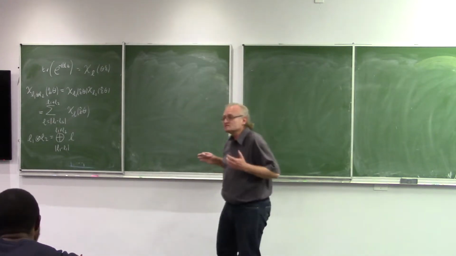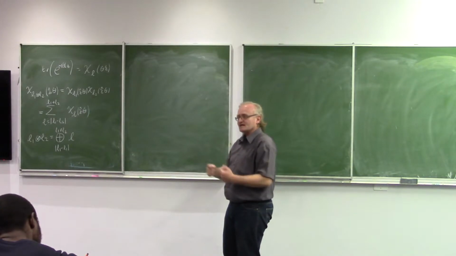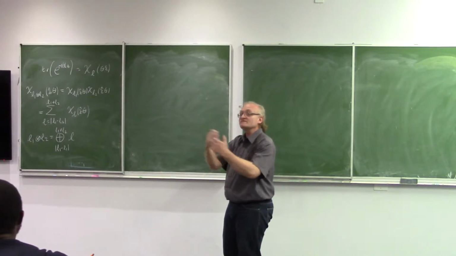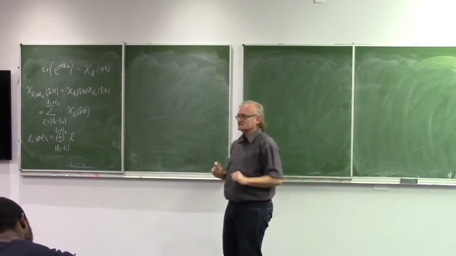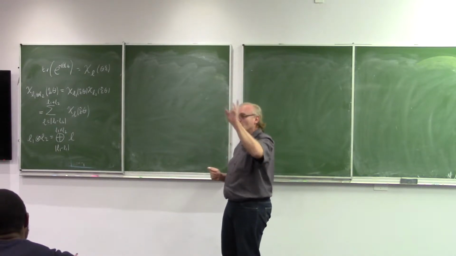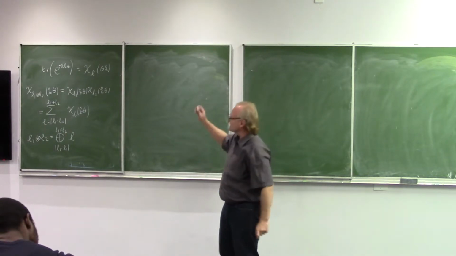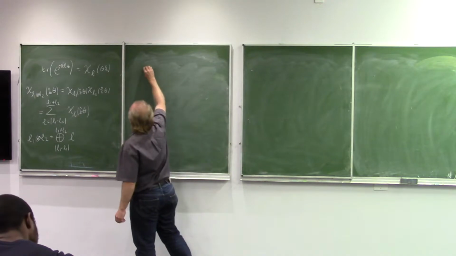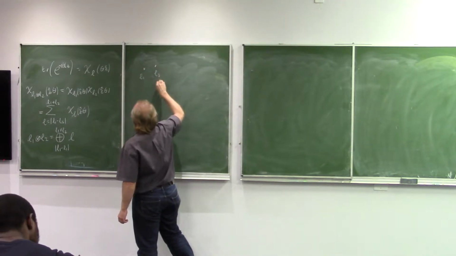Physically, what does this correspond to? If I have two particles and I want to describe the two-particle wave function, the way I go from two one-particle Hilbert spaces to one two-particle Hilbert space is by taking the tensor product. So I had one particle with spin L1 and a second particle with spin L2.